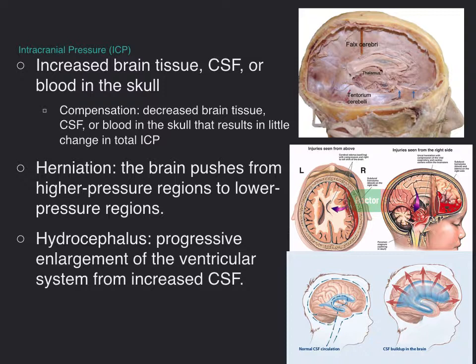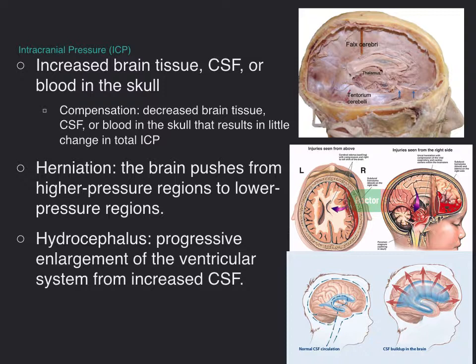In normal pressure hydrocephalus, there is ventricular enlargement with compression of the cerebral tissue, but a normal CSF pressure. The signs and symptoms include memory changes, disturbances in gait, and urinary incontinence. Usually these start out pretty mild and gradually get worse.